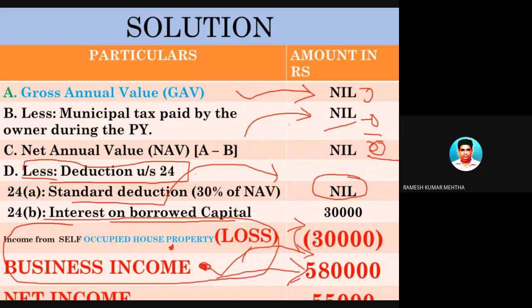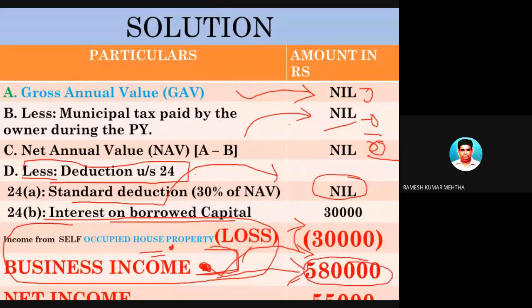Under different sources of income, the rule says that loss from house property can be adjusted against profit from a non-speculative business. So in this case, he need not pay tax on 5,80,000 rupees.